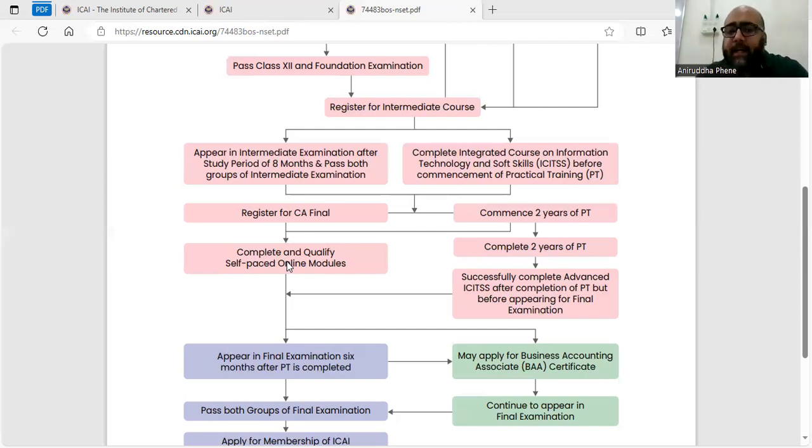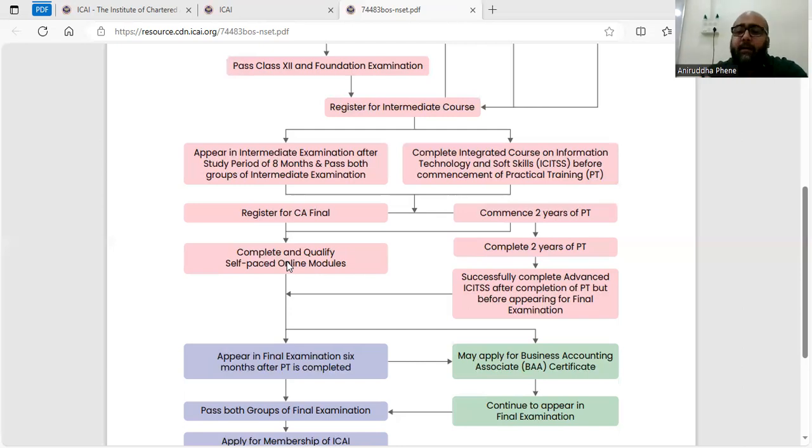One more change that has come up is that if you clear the CA intermediate exam, complete your 2 years of practical training and also complete those self-paced modules, you can apply for a Business Accounting Associate certificate.